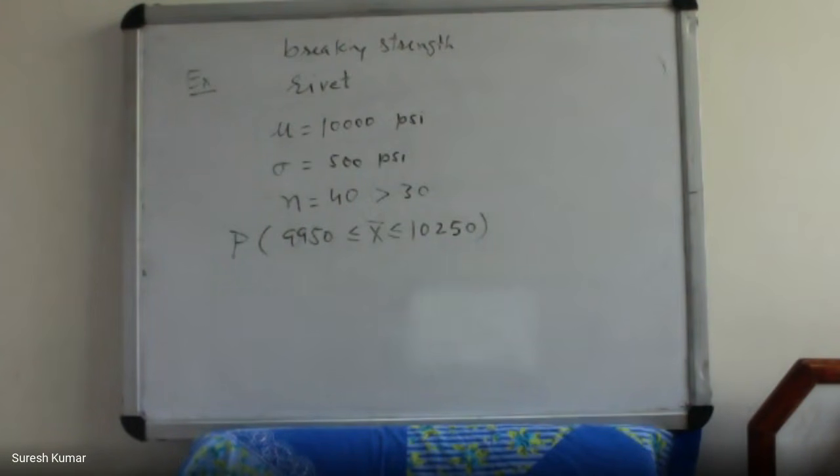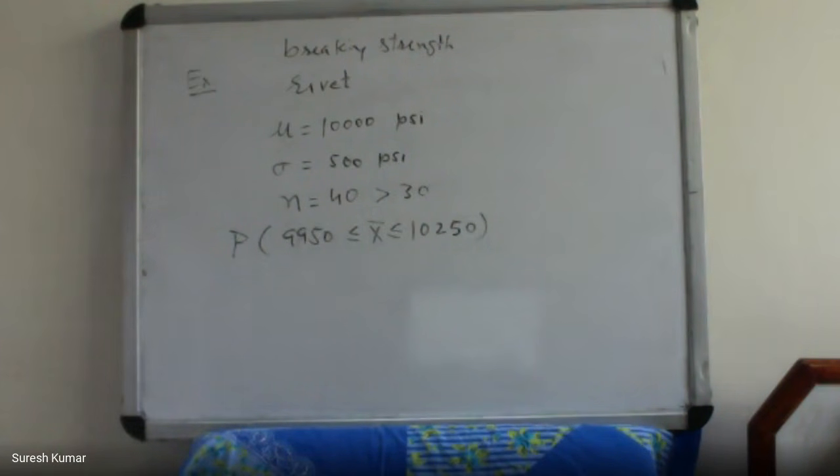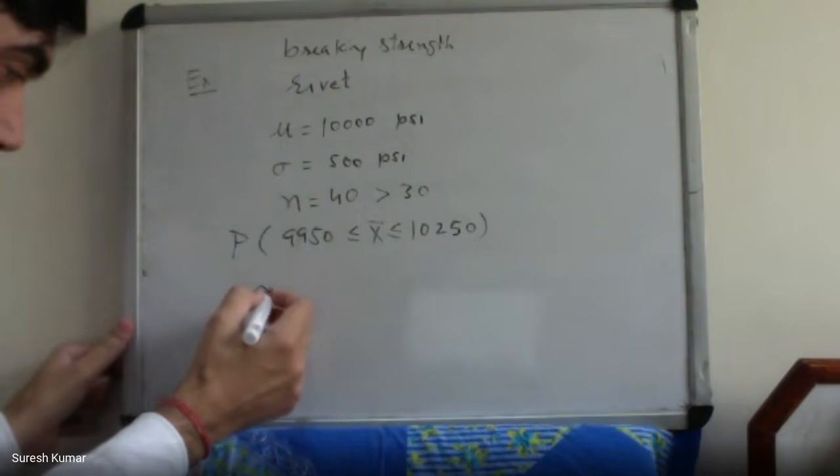It is greater than 30. So what can you apply in this case to determine this probability? The central limit theorem. So by the central limit theorem, x bar approximately follows the normal distribution.